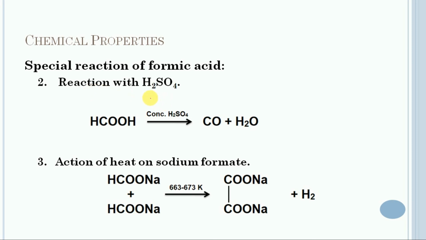Then, reaction with concentrated sulfuric acid: when formic acid is heated with concentrated sulfuric acid, it will give carbon monoxide and water. The last reaction is the action of heat on sodium formate. When sodium formate is heated to a temperature of 663 to 673 Kelvin, it will give sodium oxalate and hydrogen gas. So these are the special reactions of formic acid.